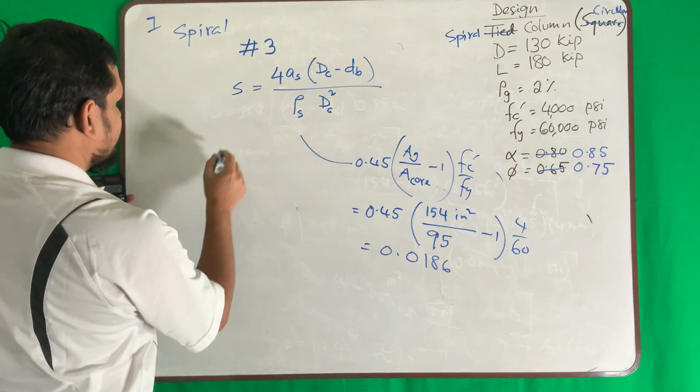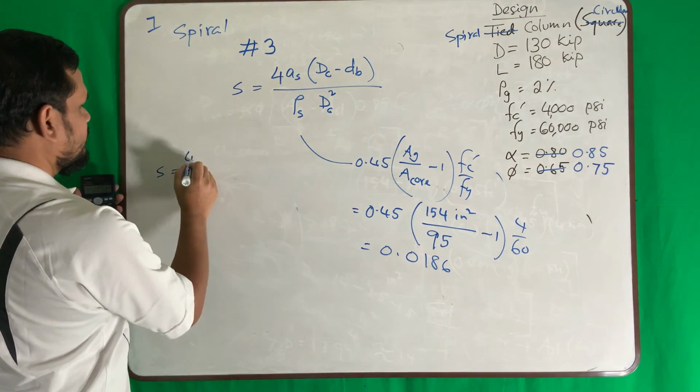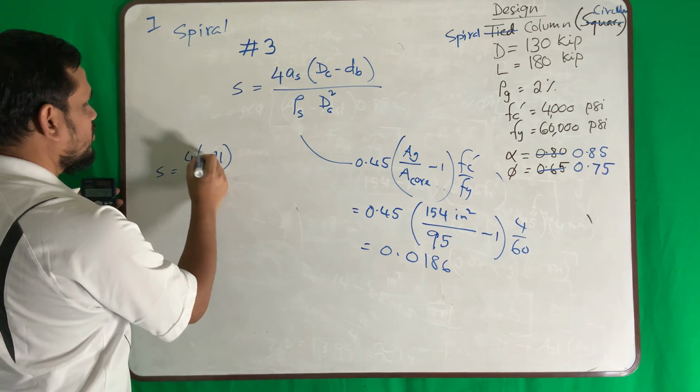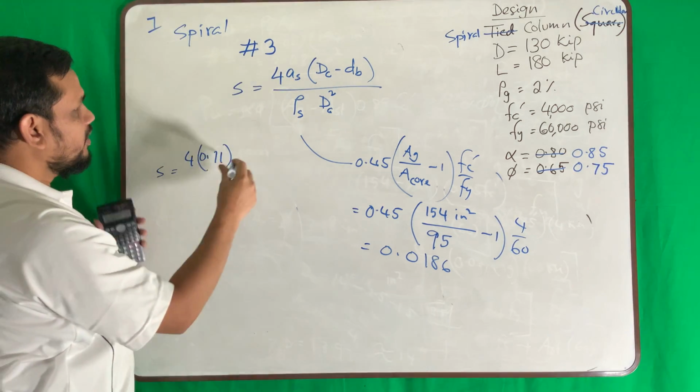Then what is my spacing? Area of number 3 is 0.11.